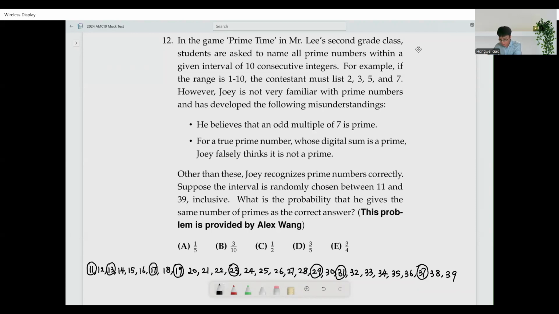So here, let's think about how many different intervals are possible, because the probability is a quotient of two numbers, A over B. Here, B is the total number of cases. In this question, it is the total number of possible intervals.